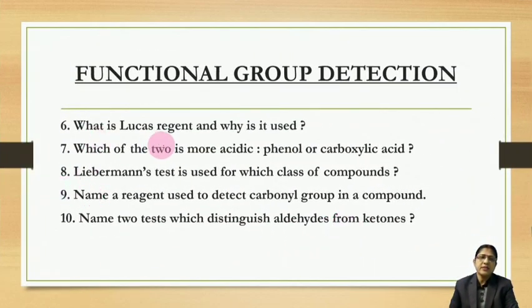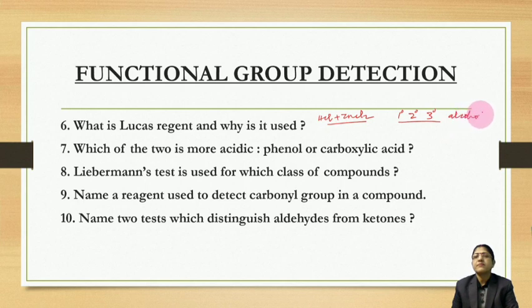Question number 6, what is Lucas reagent? Why is it used? Lucas reagent is an equimolar mixture of HCl and ZnCl2, zinc chloride. And why is it used? This is used to distinguish between primary, secondary and tertiary alcohols.